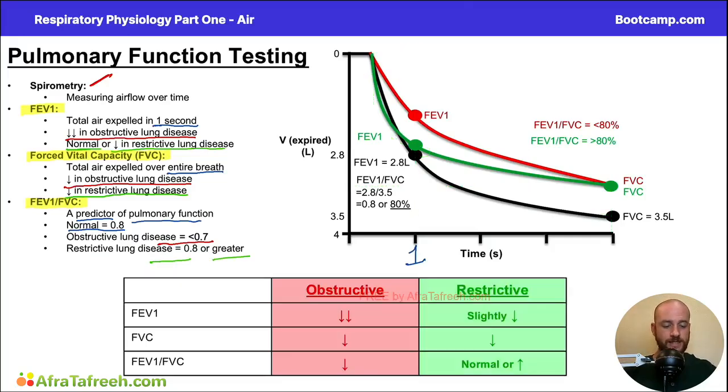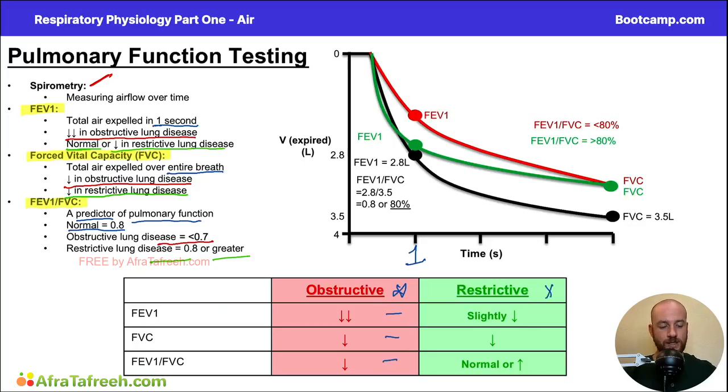So just to summarize here, in obstructive lung diseases, the FEV1 is going to be severely decreased, and the FVC is going to be decreased, but not as much. And so for the FEV1 FVC ratio, because the numerator is decreasing more than the denominator, the total ratio is going to be decreased.